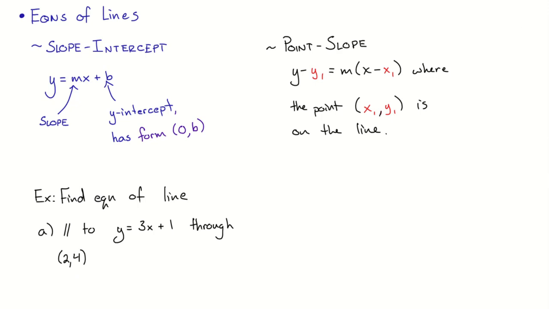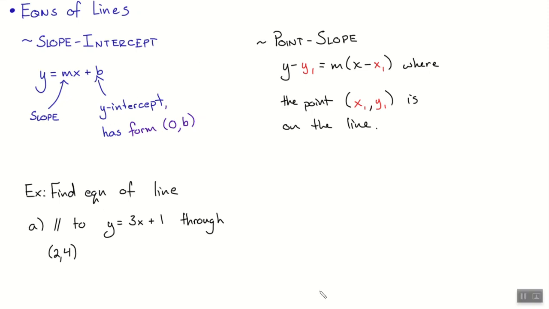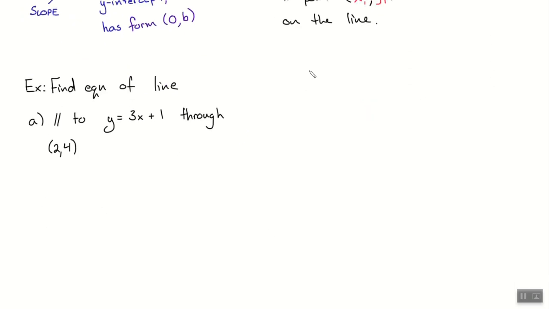I assume that you guys want to use this form, is my guess. Looking at this, to find the equation that's parallel, you guys told me this at the start of class. I'm going to switch colors. We're only finding one line right now. What does the slope have to be if I'm looking for a slope that's parallel? I'm going to use m sub parallel. Is it 3x or just 3?